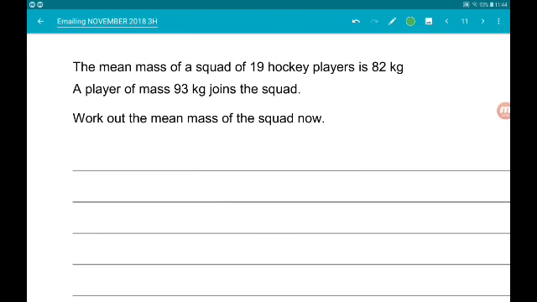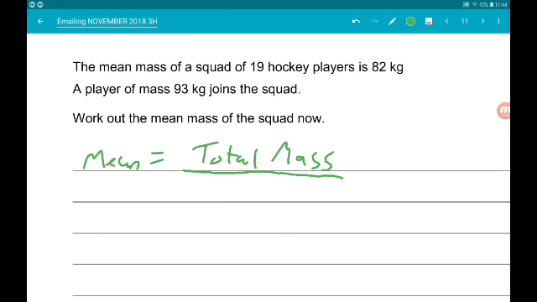Work out the mean mass of the squad now. Okay, so think about how we work out mean. Mean is the total, so here is the total mass of the squad, divided by the total number of things, so here the number of players.